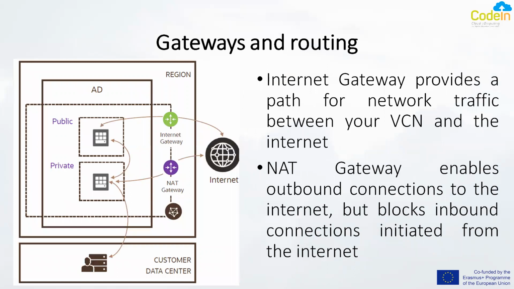Common business scenarios involve the use of 2 types of internet gateways. The first is the so-called internet gateway, through which instances with public IP addresses are available. For example, web servers registered in the public DNS space.